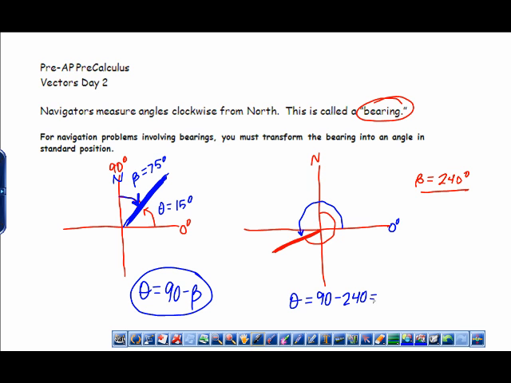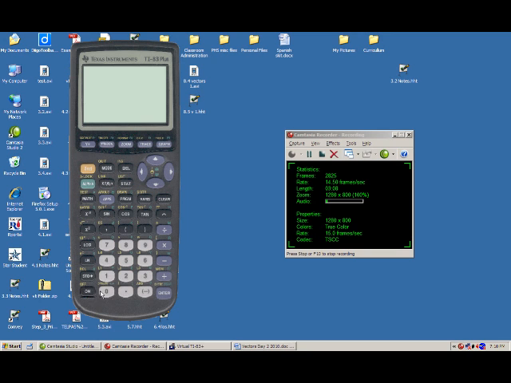Now I'm going to get a negative number here, but I'm going to show you how we're going to deal with this. So 90 minus 240, you can use a calculator for this. You should be able to do this without, but you're going to get a negative number. And anytime you get a negative number, you're just going to add 360 to it and get the coterminal angle.